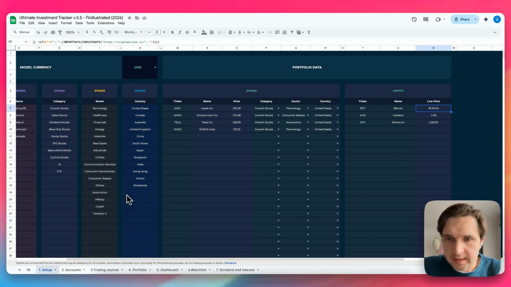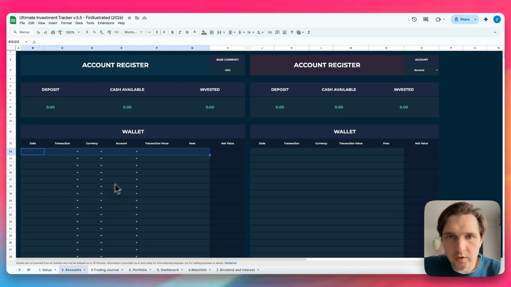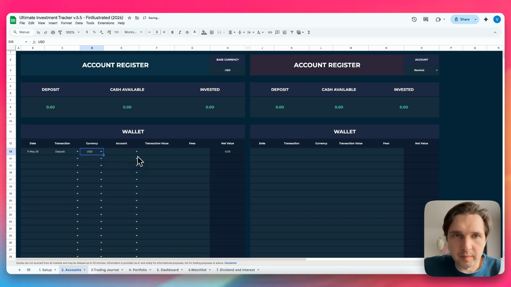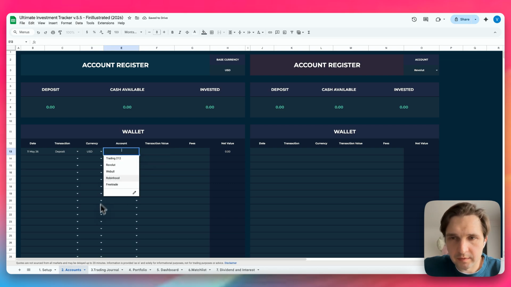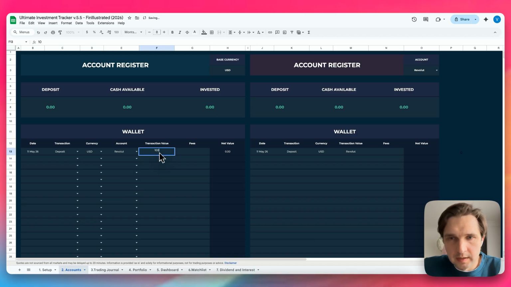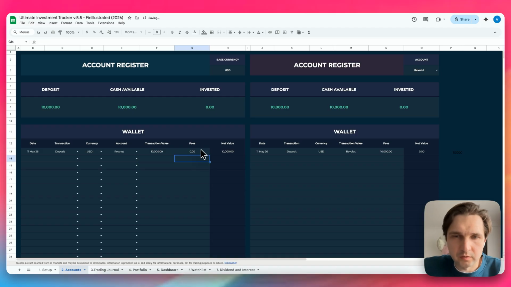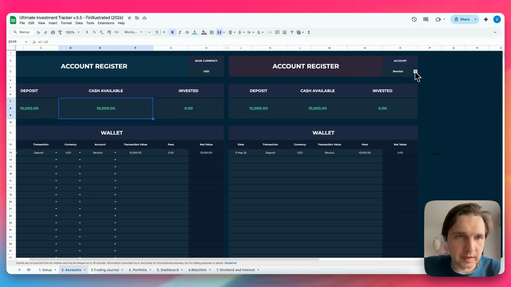Once you do the setup, you can move to the accounts. The accounts are optional, but if you want to track the amount of money you have, for example, transactions, deposits, the amount of money in specific accounts. For example, I'm going to put in Revolut something like 10K, with no fees. What I see here is that at deposit, I have cash available, so far invested, and here is more like an account register.